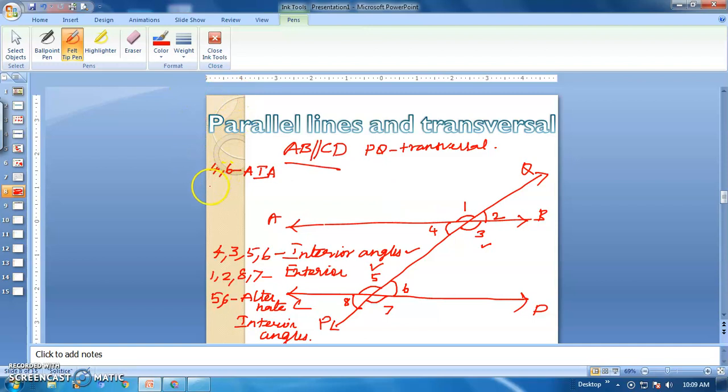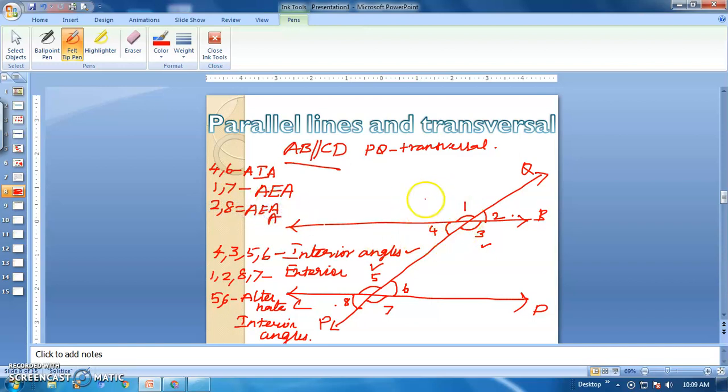Therefore 1 and 7 are called alternate exterior angles. And what about another one? So 2 and 8. 2 and 8 are also called alternate exterior angles.